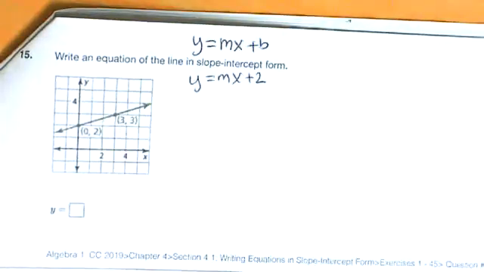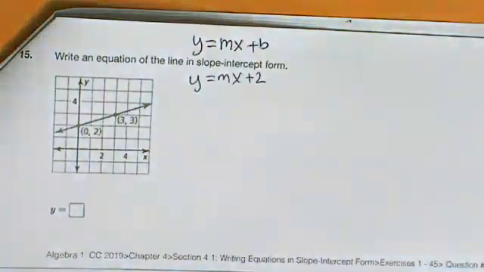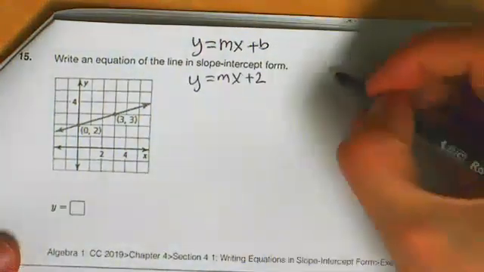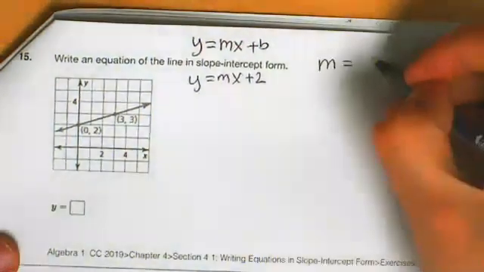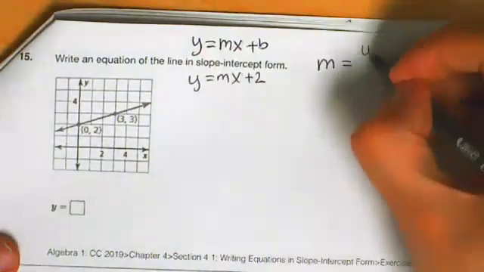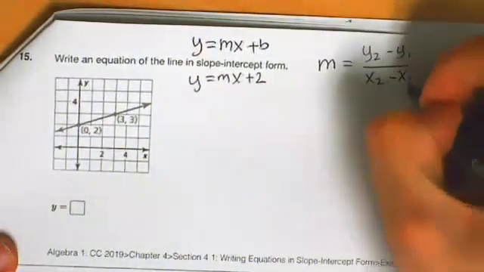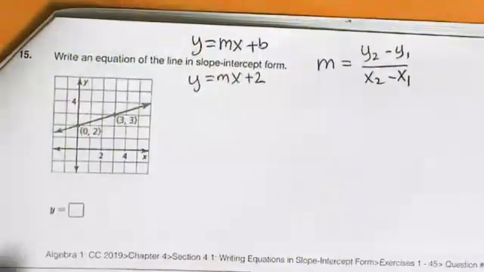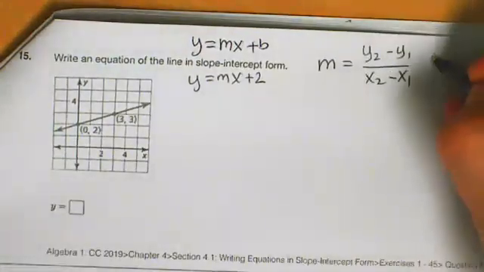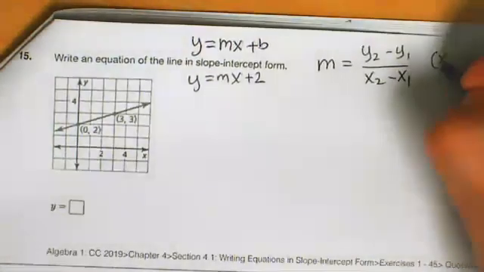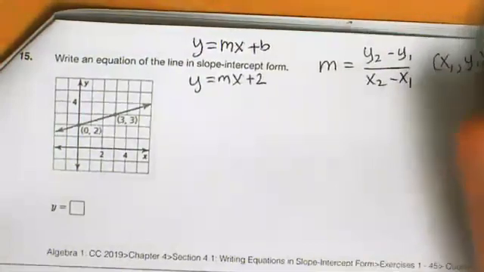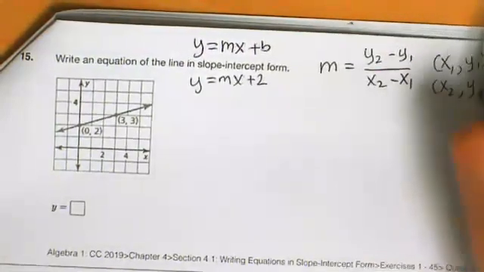But now we need to calculate our slope, and the way we're going to do that is using the slope formula. Our slope formula is m equals y2 minus y1 over x2 minus x1. The x2, x1, and y2, y1 come from the points (x1, y1) and (x2, y2).